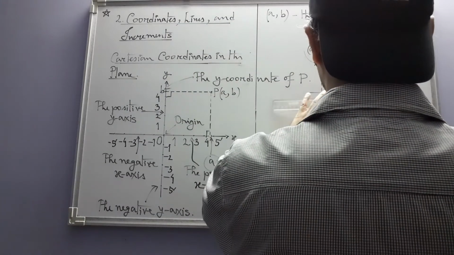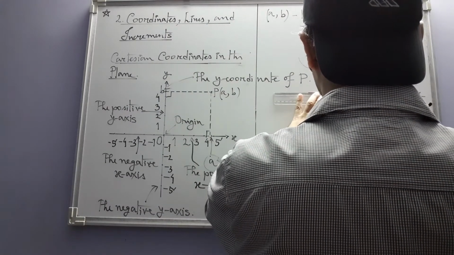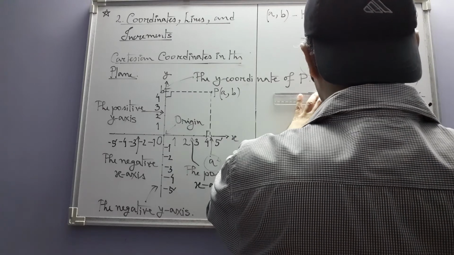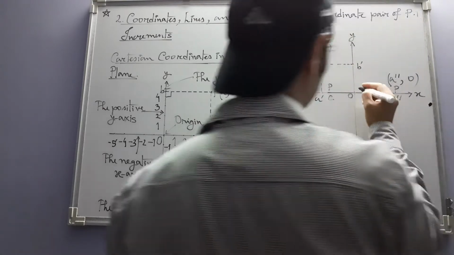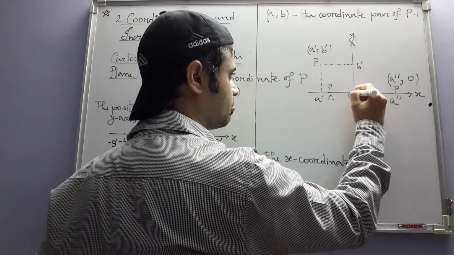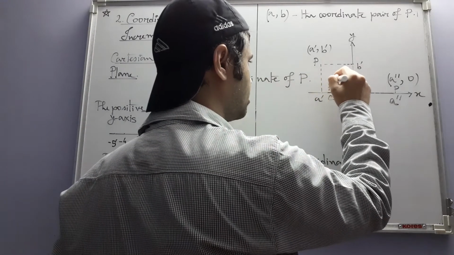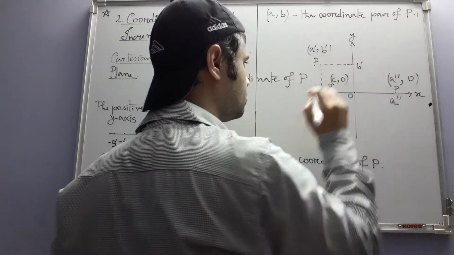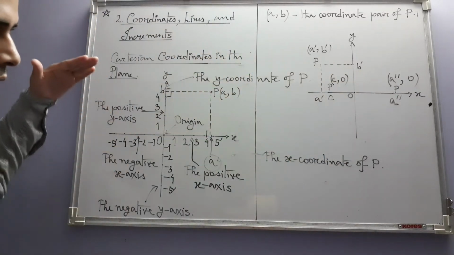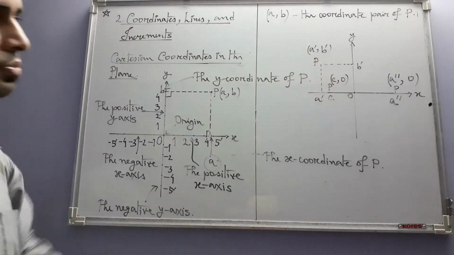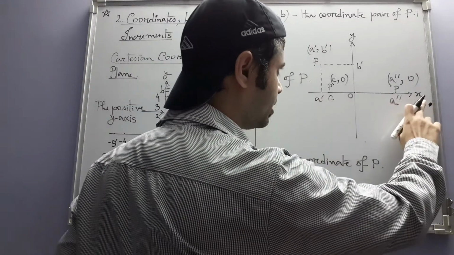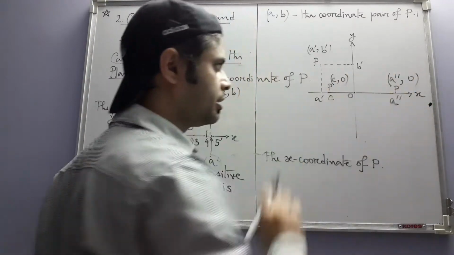And if you draw the perpendicular from this point on the y-axis, its foot again will be this real number 0. So here the coordinate pair is c comma 0. So you can see that on the x-axis every point has y coordinate equal to 0.